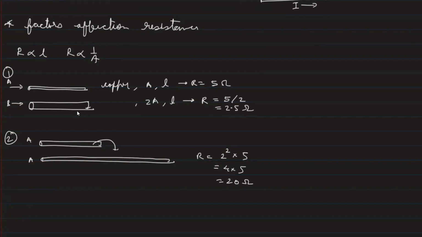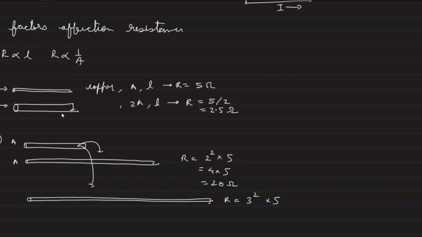So that will be 20 ohms. Okay. If the same wire is stretched to 3 times the length, 3 squared, that will be 9 into 5, 45 ohms. So the same wire, when stretched to 2 times the length, it becomes 2 squared times. And when it is stretched to 3 times the length, it becomes 3 squared times.